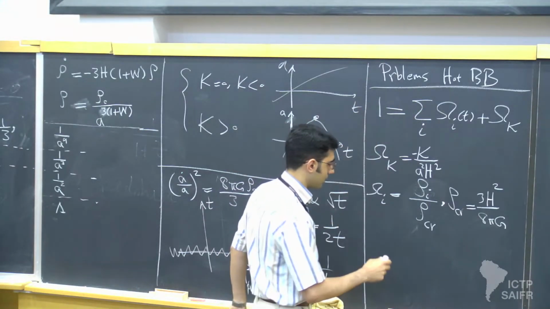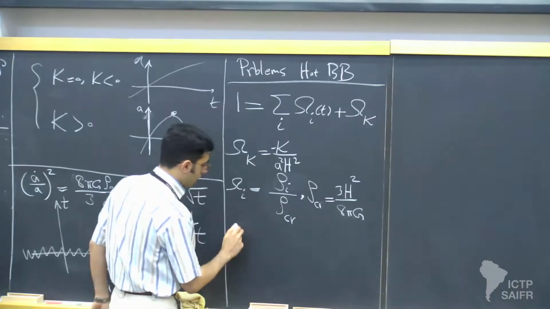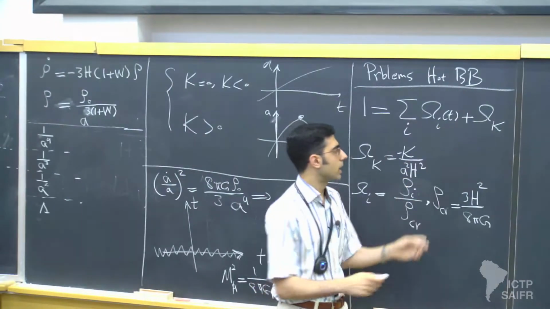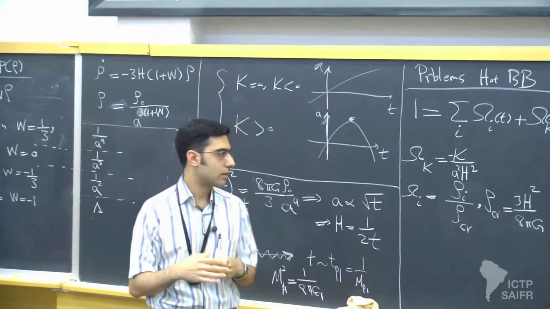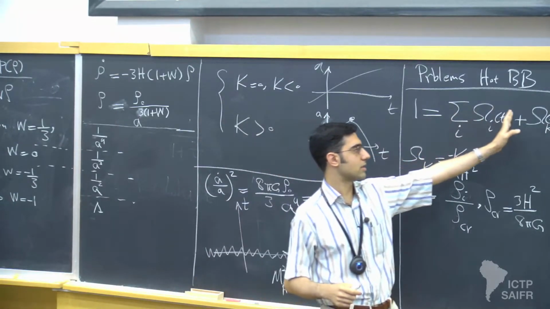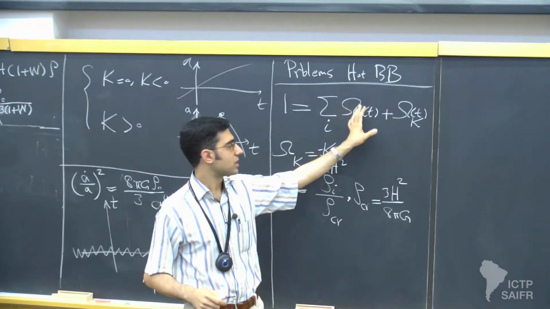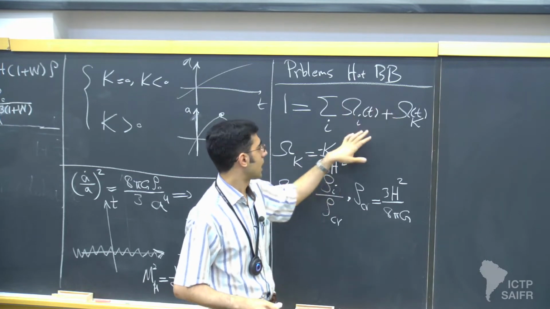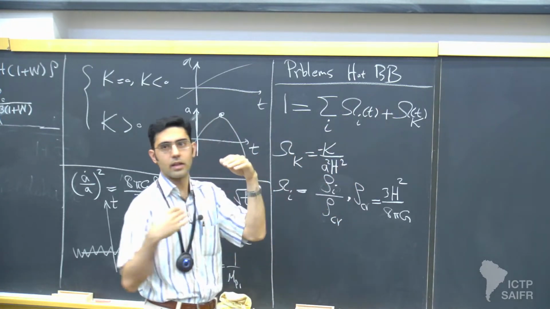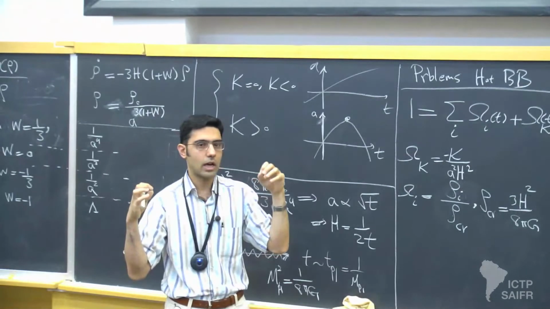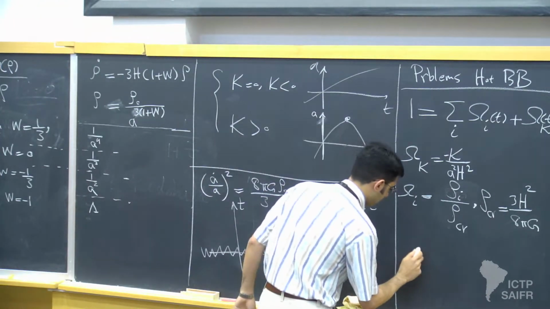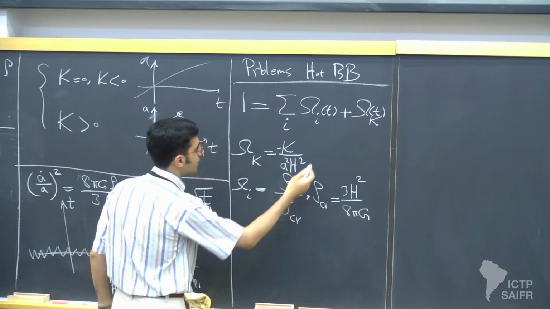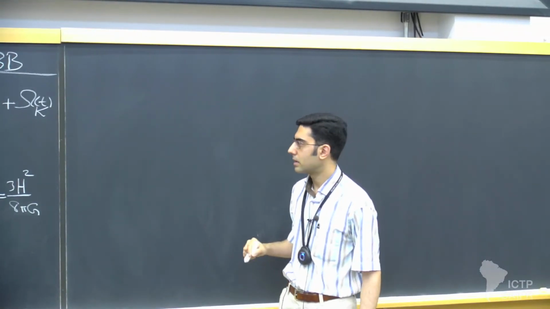So we get this equation. Nothing non-trivial here. Now, what we saw was that these omegas are all functions of time, and they change with time. These are fractions, so they add up to 1. In particular, we have this Omega_k, one of the terms that appear here.